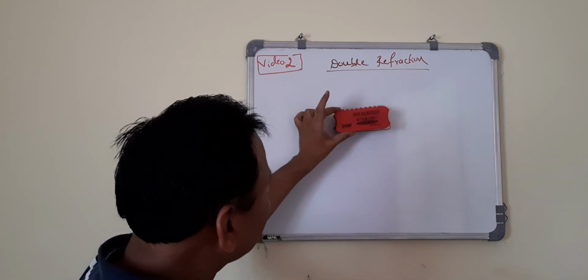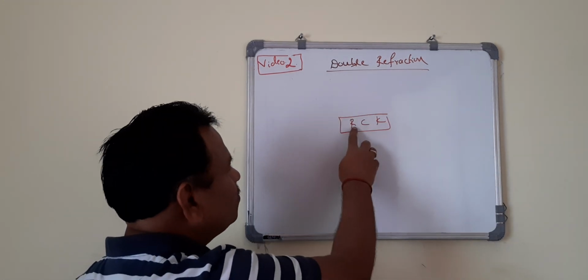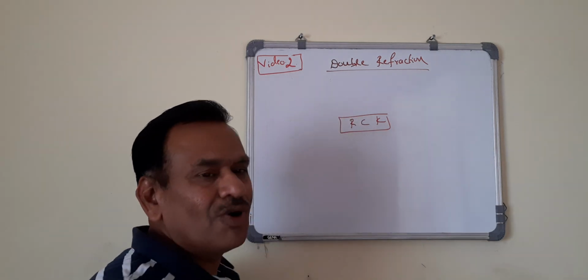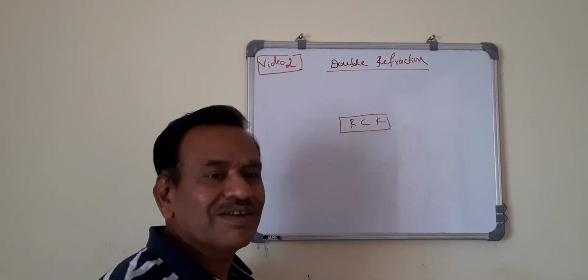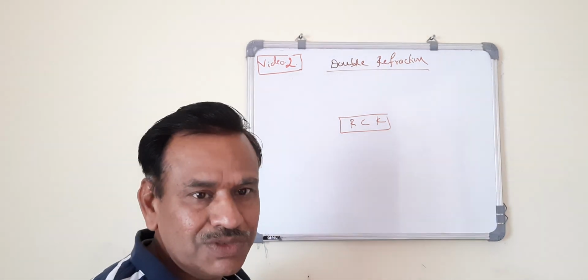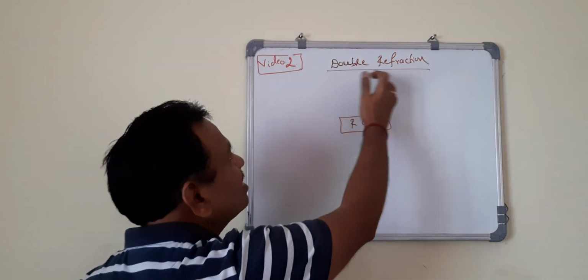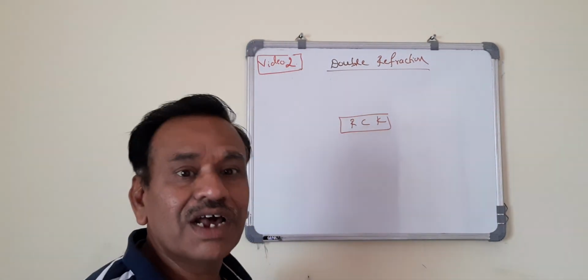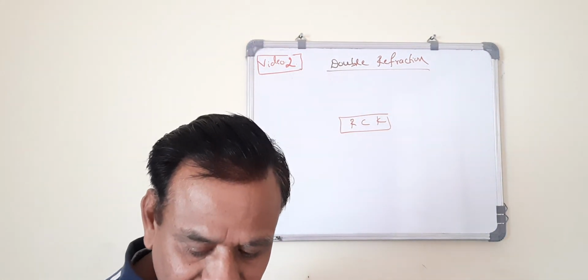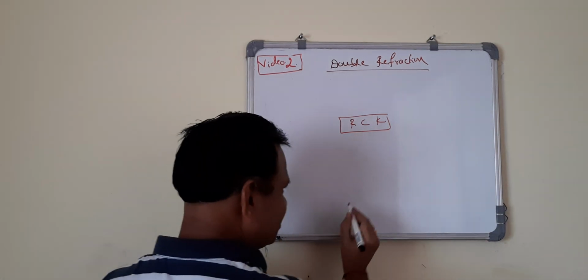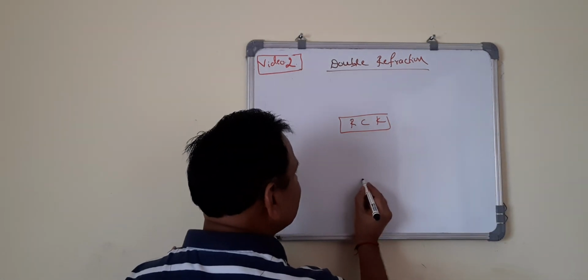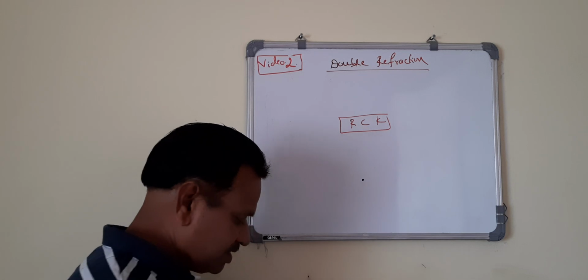When I put a calcite crystal, you are observing two images. Here, one RCK. Again, RCK. Two images you are observing. That's why it is called double refraction. One more thing is that, of course, I'll send this link also. Suppose there is one dot I'm placing.